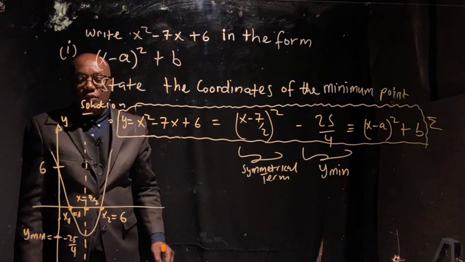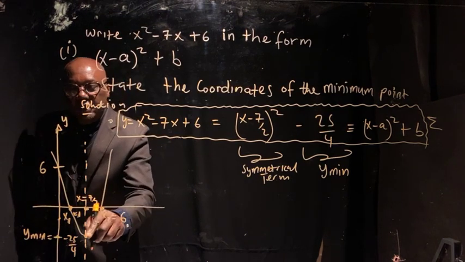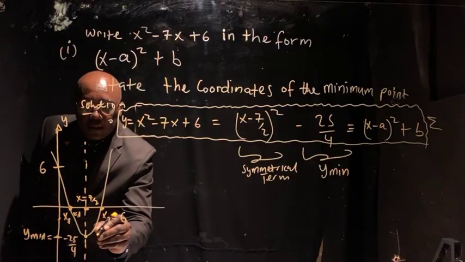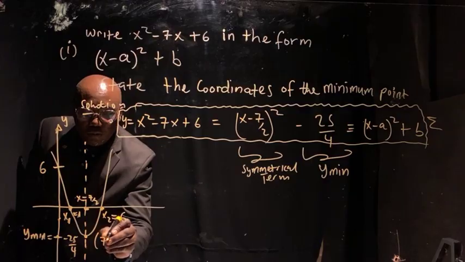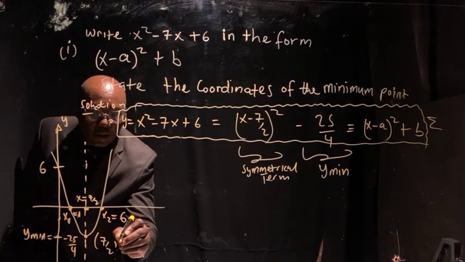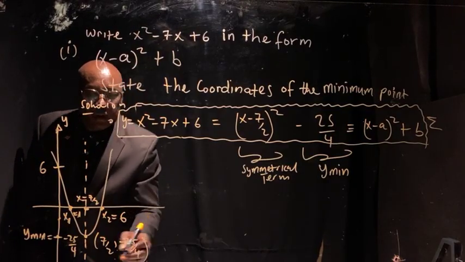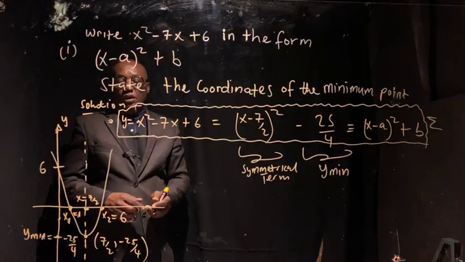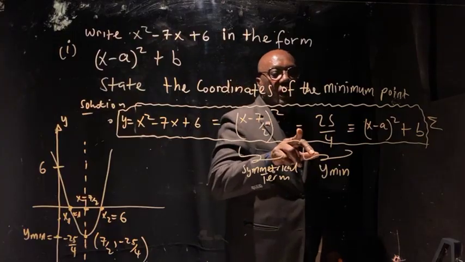This is the y minimum. So you can see that the coordinate of the turning point, this is the turning point, will be S equals 7/2 and y equal to minus 25/4.